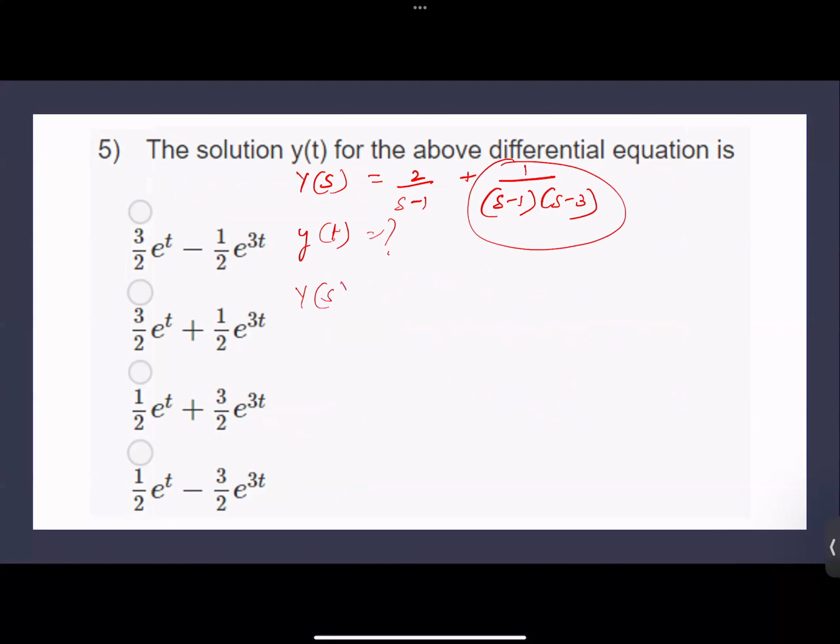So you have y of s is 2 by s minus 1 plus a by s minus 1 plus b by s minus 3. Okay? Now do this and find out a, b. Find out the values of a and b, and then you can easily do the Laplace transform.